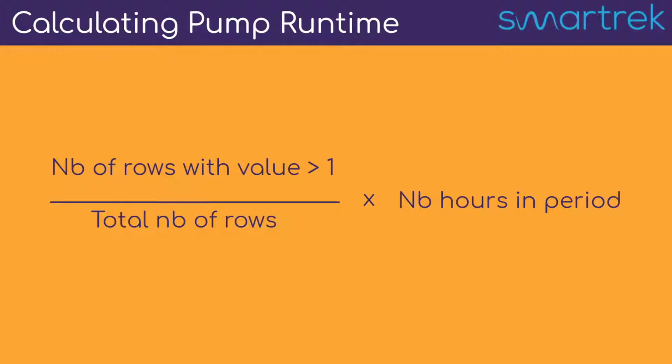So just to make this clearer, I have the number of rows with value higher than 0, equal to 1, divided by the total number of rows. And when I have this ratio, if I multiply this by the total number of hours in the period, then I would get the total runtime for port 1 over the period.